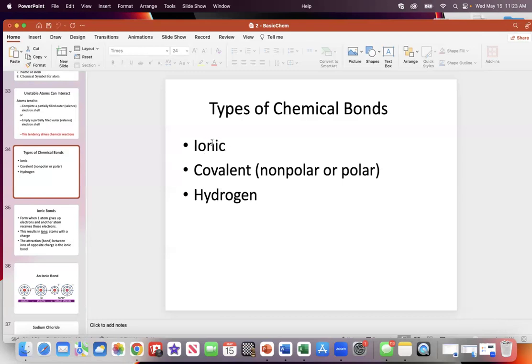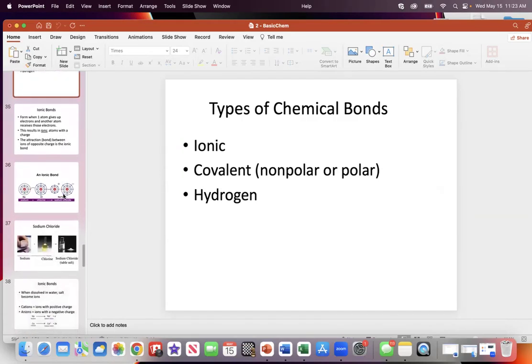So we have 3 kinds of bond we're going to talk about here. The first one is called the ionic bond. The second one is the covalent bond, and we have polar and nonpolar. The third one is called the hydrogen bond. So let's look at those 3.